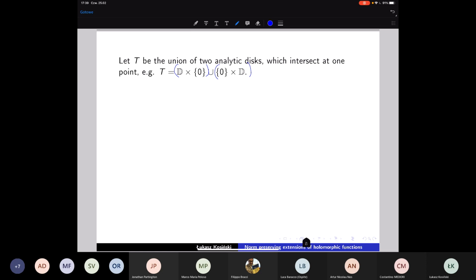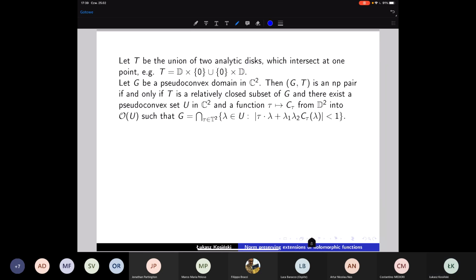Okay. So G is a pseudo-convex domain. Then GT is an NP pair if and only if T is a closed subset, a naturally closed subset of G, and there exists a pseudo-convex set U in C2, and this function tau, such that G is equal to this intersection.